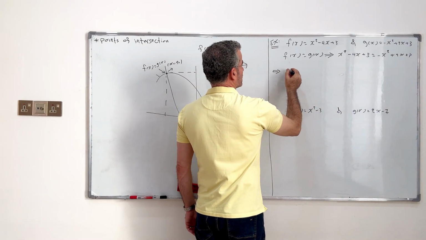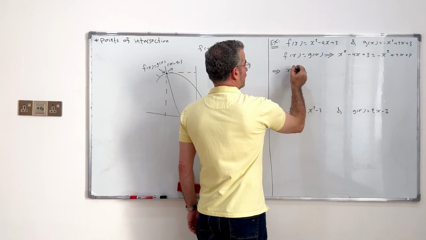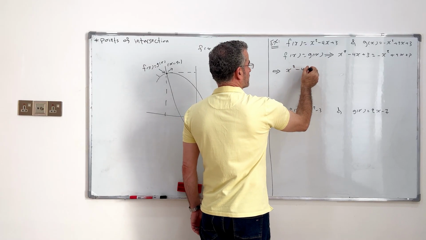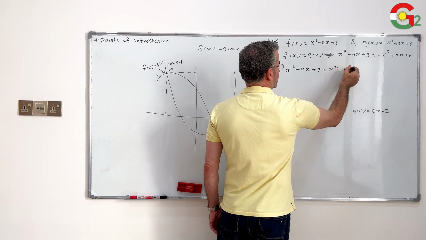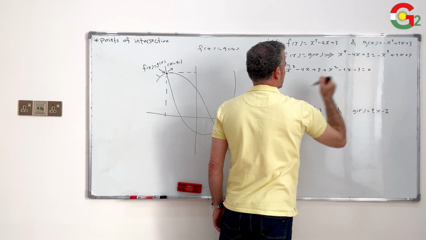Take all terms to one side, either left or right. X power 2 minus 4x plus 3 plus x power 2 minus 2x minus 3 equals 0.